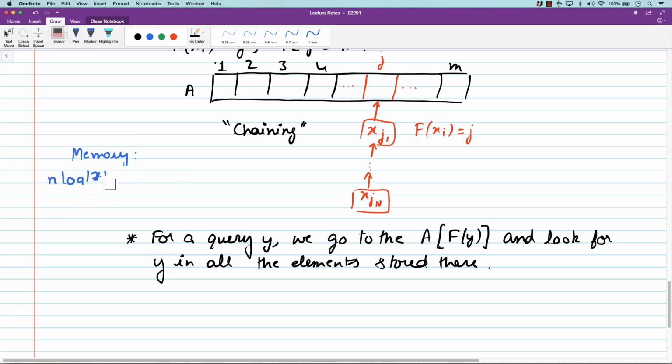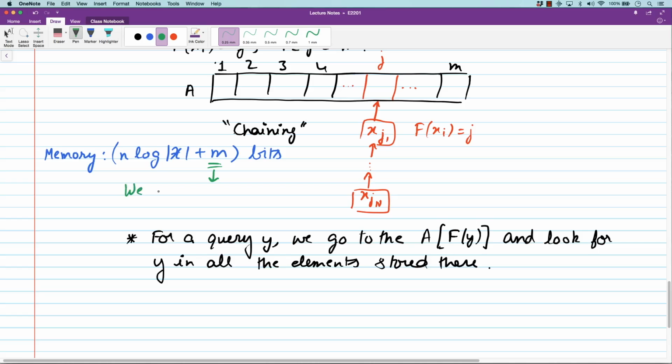I'll tell you what these extra m bits are. The memory requirement is n log x plus m bits, where we use one bit to indicate if a_i, or a_j, is empty or not.